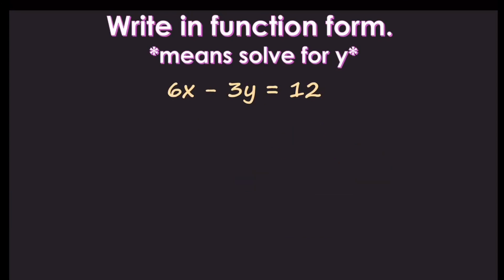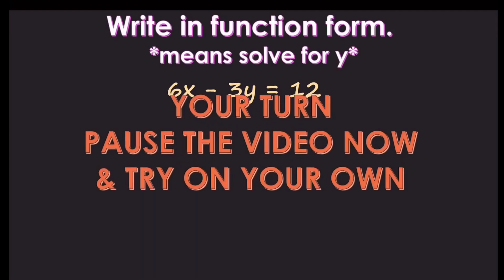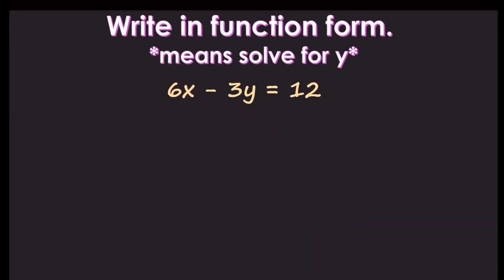Here it is. Same instructions, write in function form. Your turn. Pause the video and try it on your own. Okay. So I need to get y by itself. That means I'm going to subtract 6x from both sides.